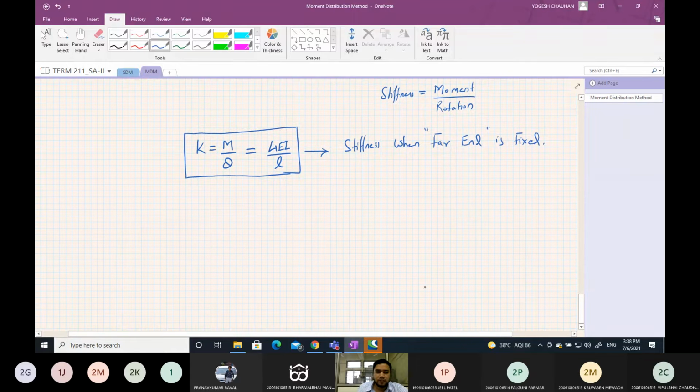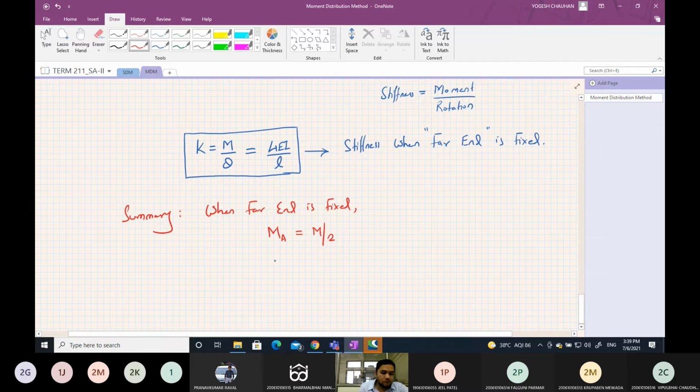So if we summarize this case, when far end is fixed, the moment at far end MA is equal to m by 2.